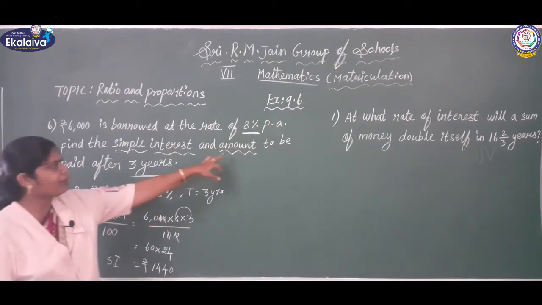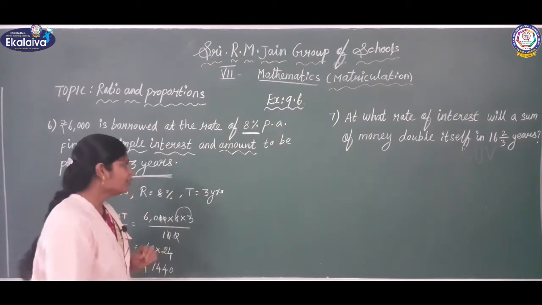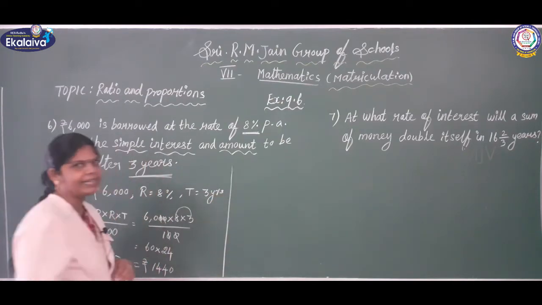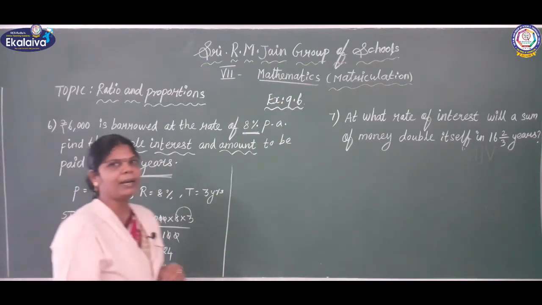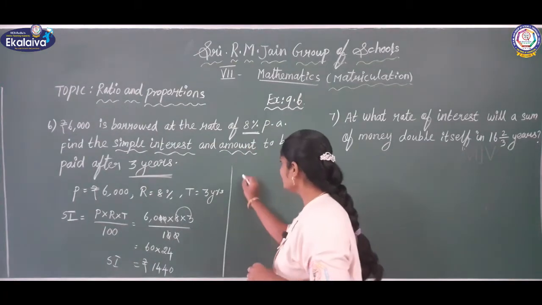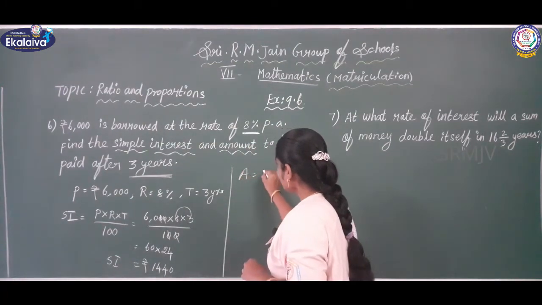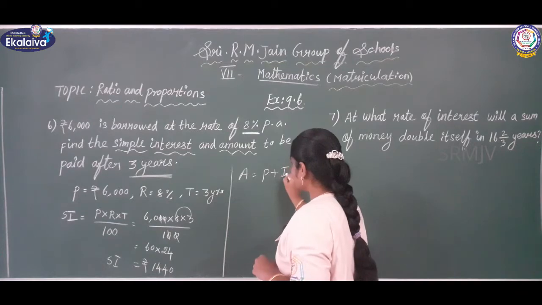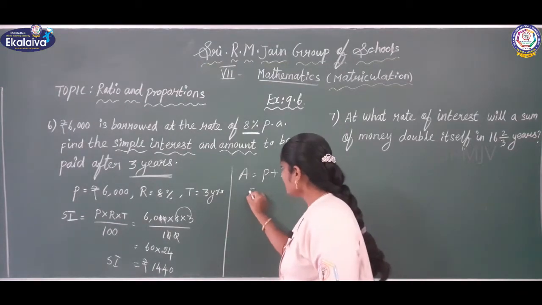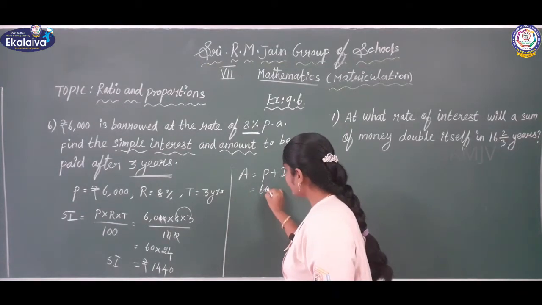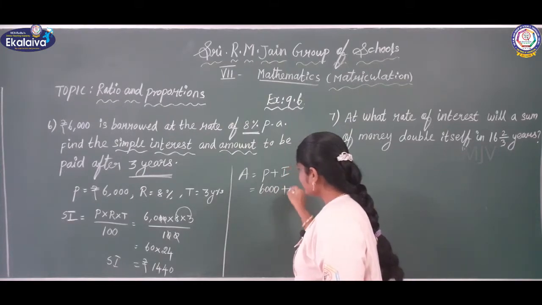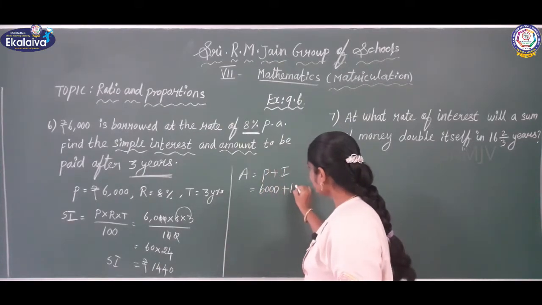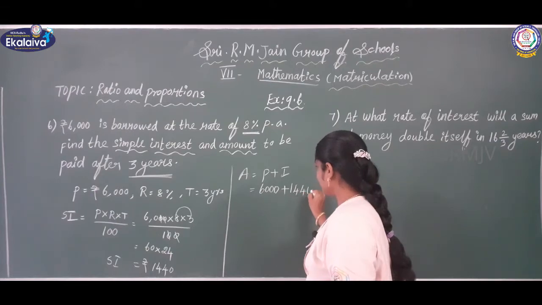Next we need to find out the amount. Okay, so what is the formula children for finding the amount? Amount equal to principal plus interest. Okay, see here principal here 6,000 plus interest 1,440.